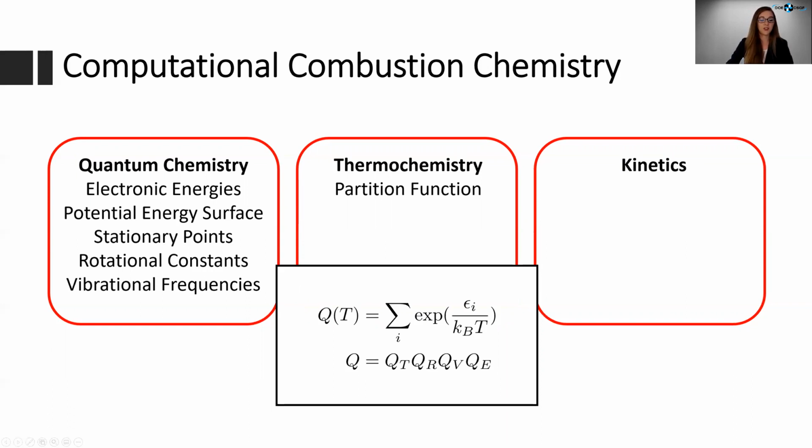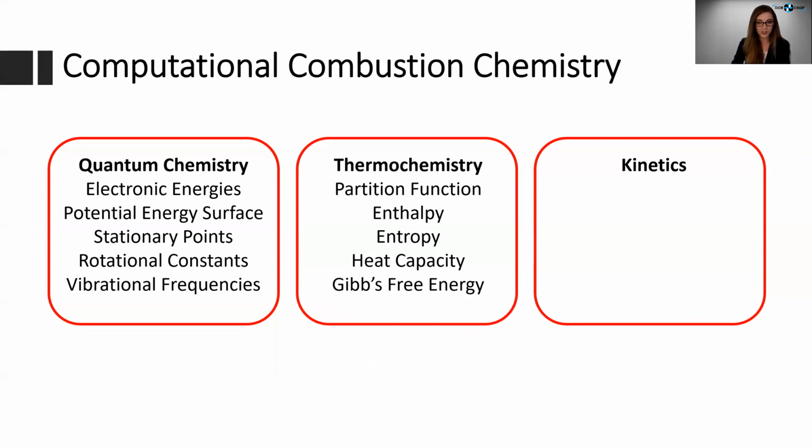And we often consider the partition function separable. All of the energetic degrees of freedom are separable. But then when we take temperature derivatives of that partition function, we get thermochemical properties like enthalpies, entropies, heat capacities, and free energies.